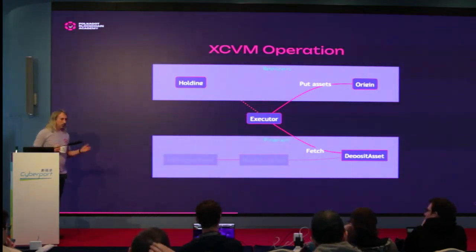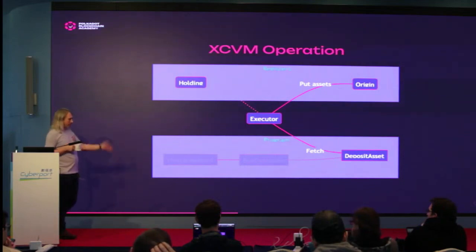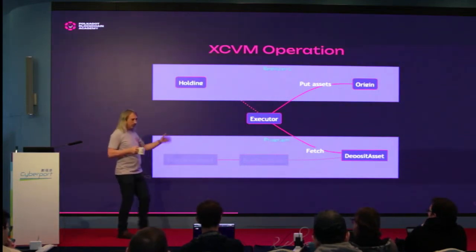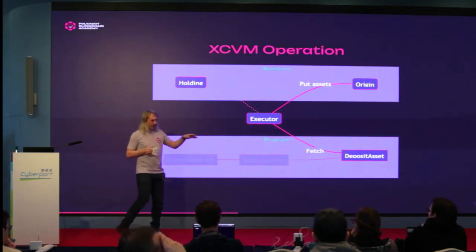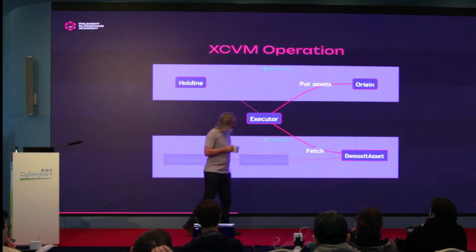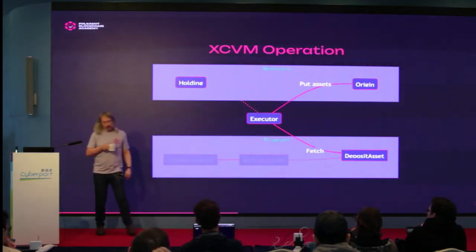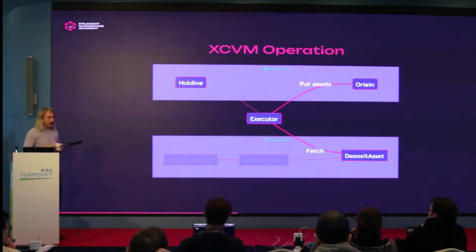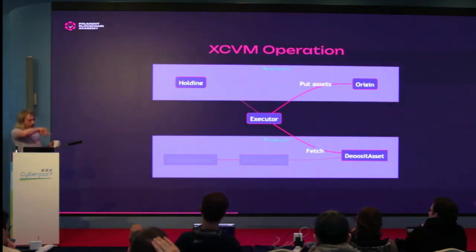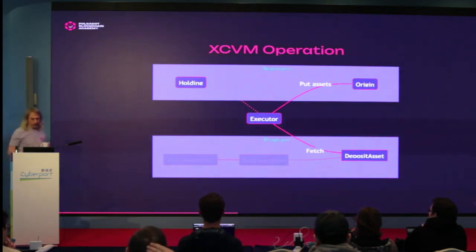In theory, someone could come up with a pallet that cared about locations rather than account IDs, and actually stored assets keyed by a location, in which case you wouldn't bother using the sovereign account. But in all of the implementations of this that I know, it's all account ID based, and therefore you need to be able to convert a location into an account ID in order to deposit the asset on chain.